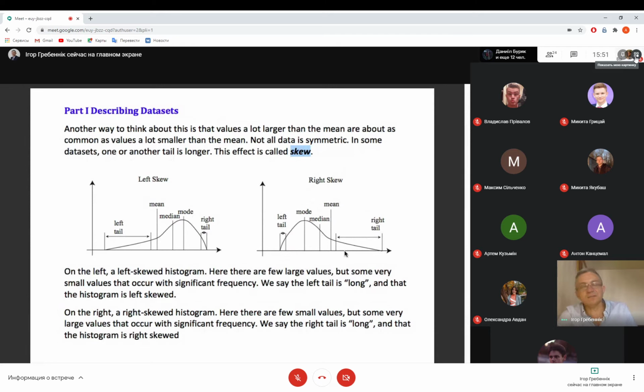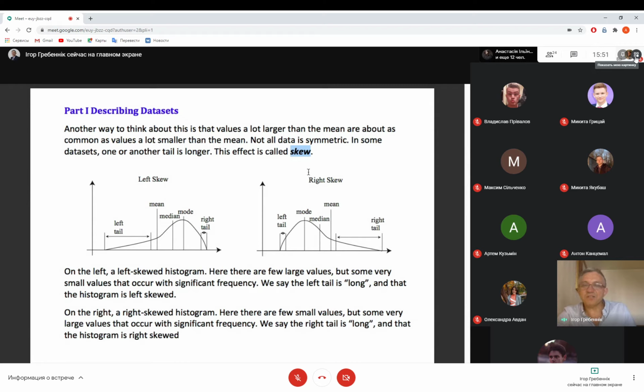And the symmetric opposite situation is the right skew histogram. The right tail is represented by long values, but the number of large elements is small in comparison with the number of small elements.